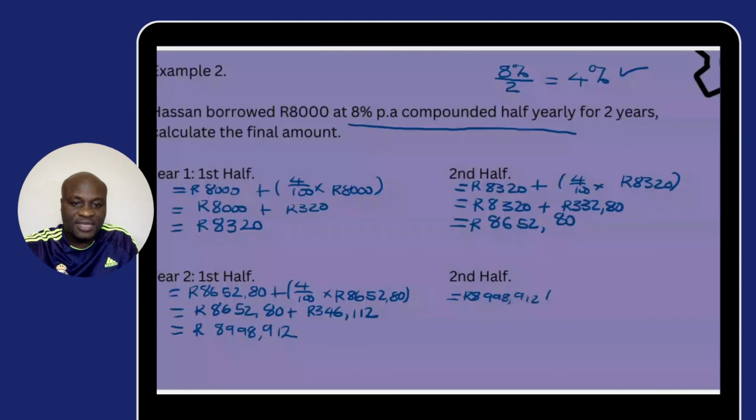8,998.912 plus our interest rate, 4% multiplied by 8,998.912, right?